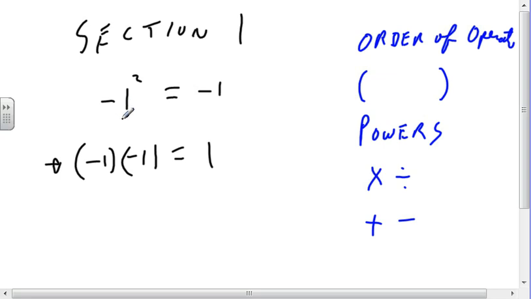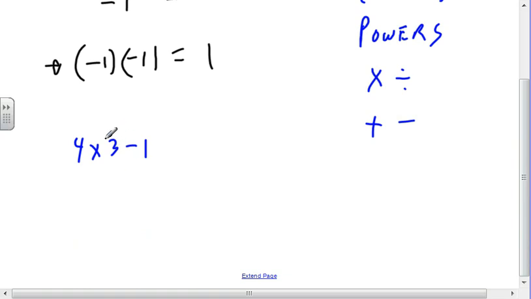So it's an order of operation, and my calculator is going to do those orders for me automatically when I put something in. So I put in 4 times 3 minus 1. The calculator isn't going to do this part first and say that's 4 times 2 and gives me an 8.